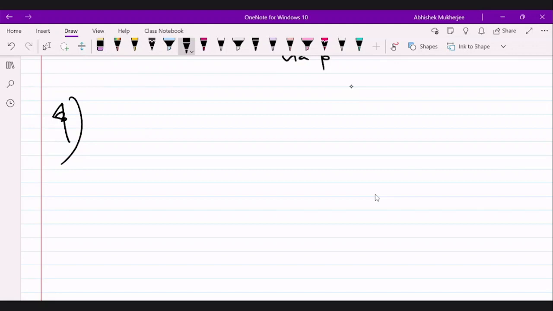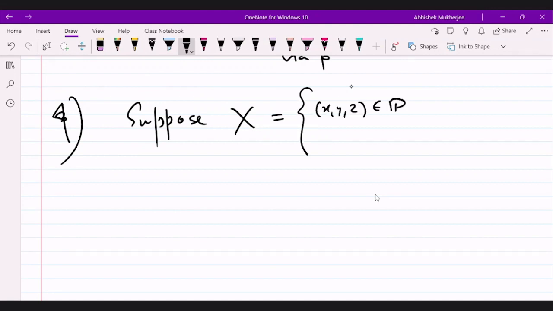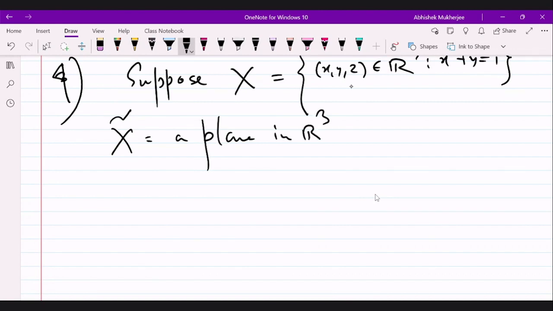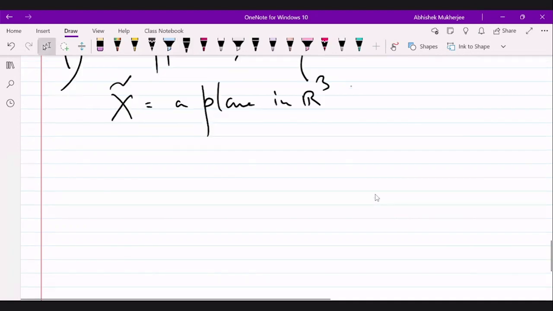That means suppose X is the cylinder, and you want to take a plane as X tilde.